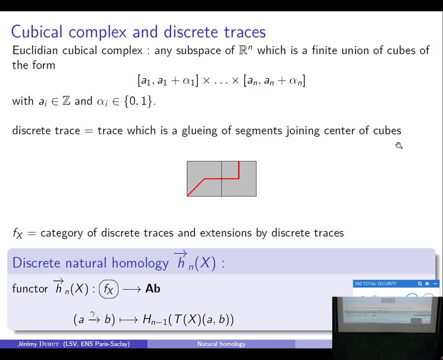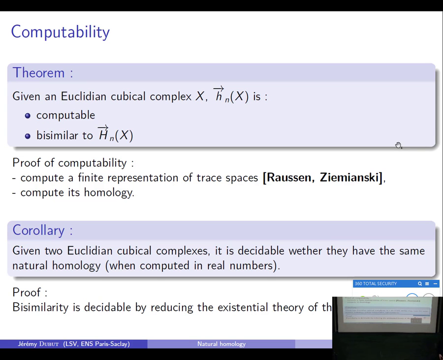In a Euclidean cubical complex, there are finitely many such traces, and so we can describe all of them. And we can restrict natural homology, at least its indexing category, to such traces, which gives you a finite diagram which is defined exactly the same way as natural homology, except that you consider only those discrete traces. And the point is that we can explicitly compute this diagram.